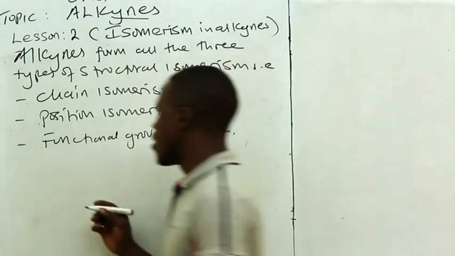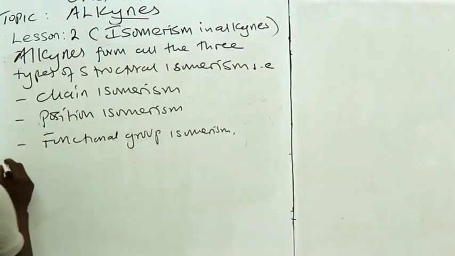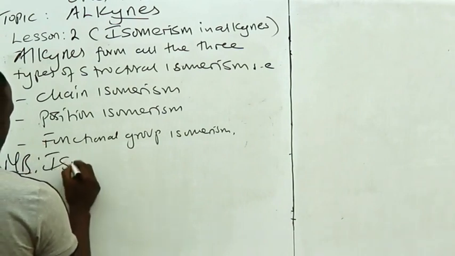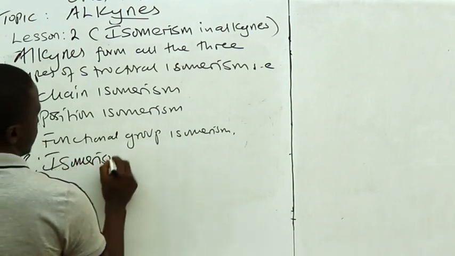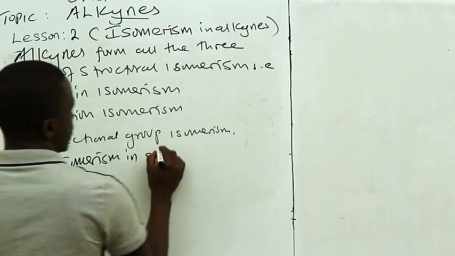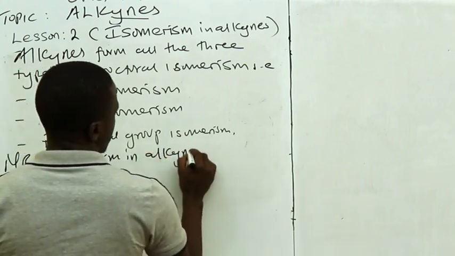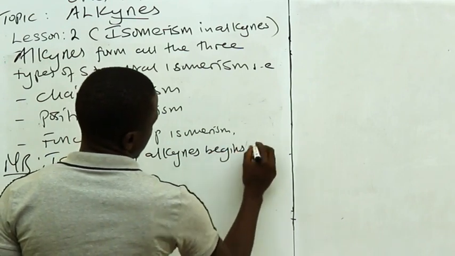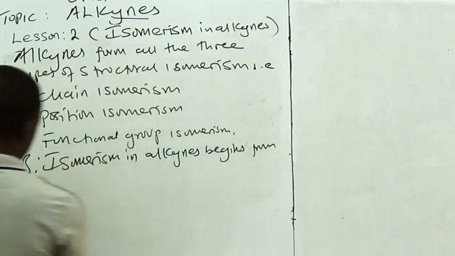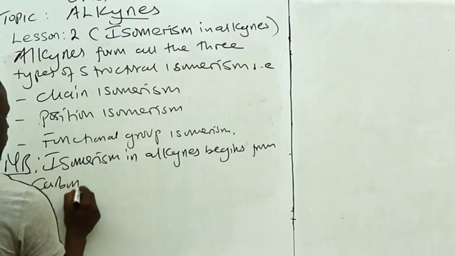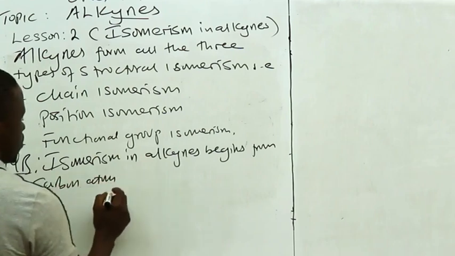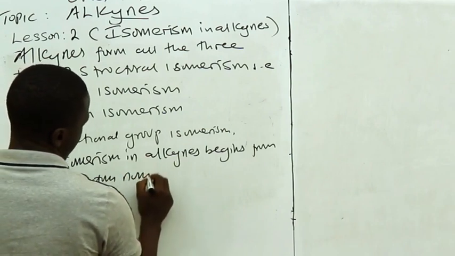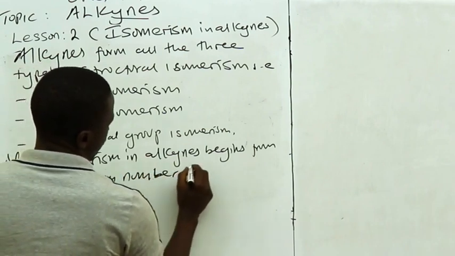So something to note, that isomerism in alkanes begins from carbon atom number 4.